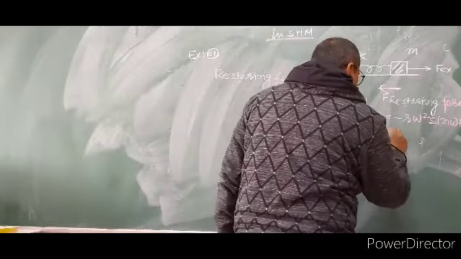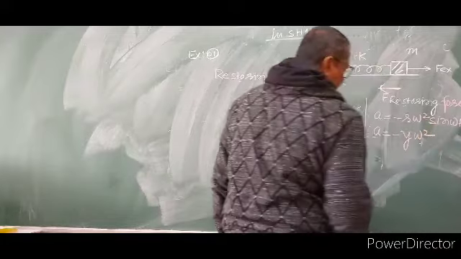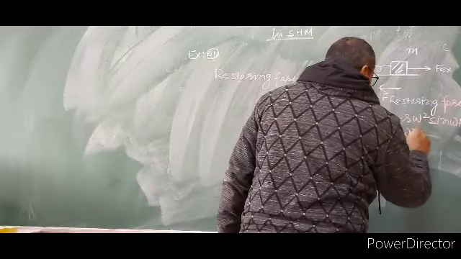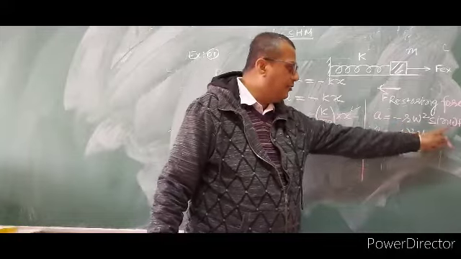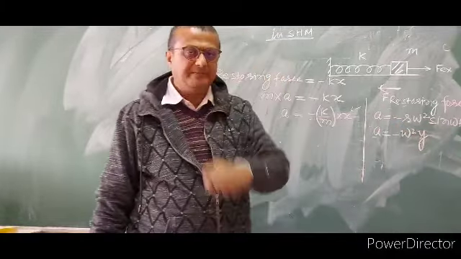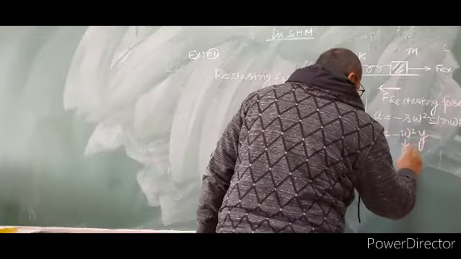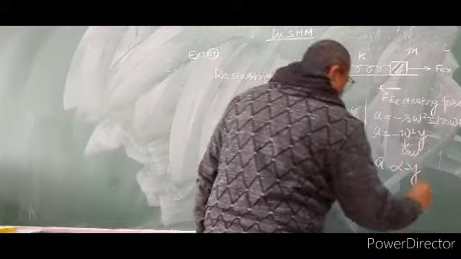So we can write minus omega square y. In place of r sin omega t, we have written y. So omega square is a constant term. A is directly proportional to minus y.